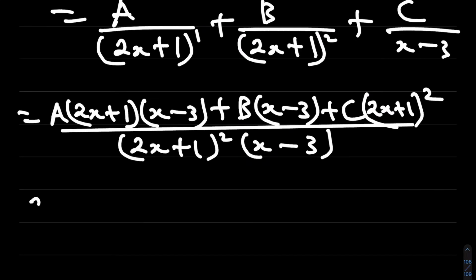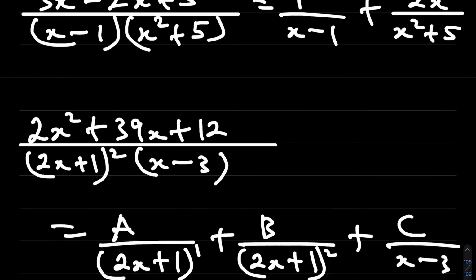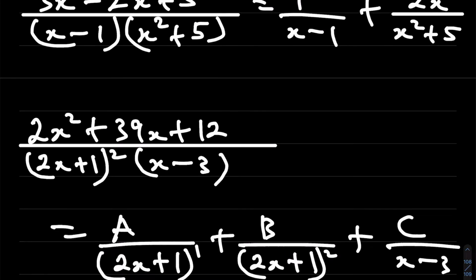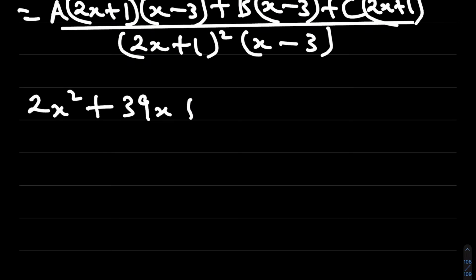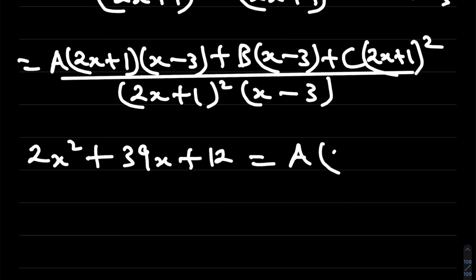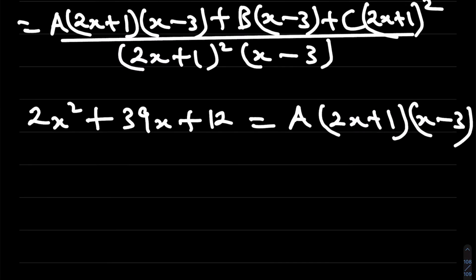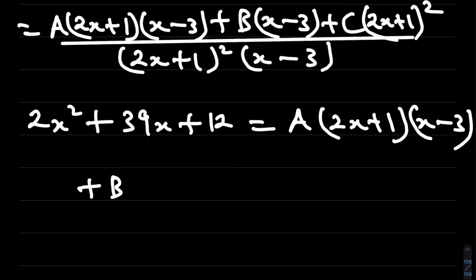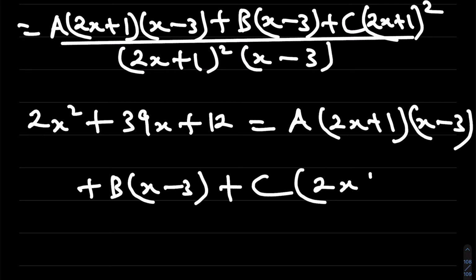So that means 2x squared plus 39x plus 12 equals a into bracket (2x plus 1) times (x minus 3) plus b into bracket (x minus 3) plus c into bracket (2x plus 1) squared.